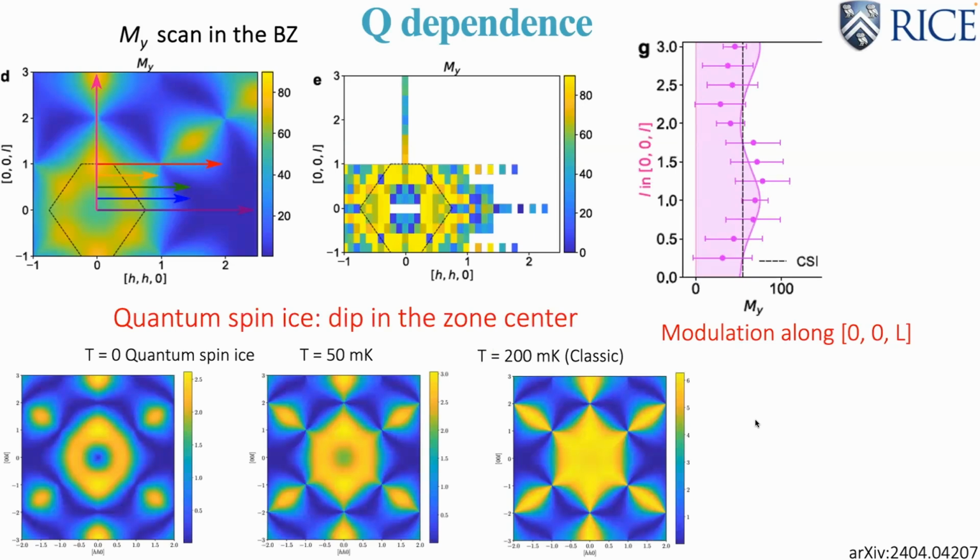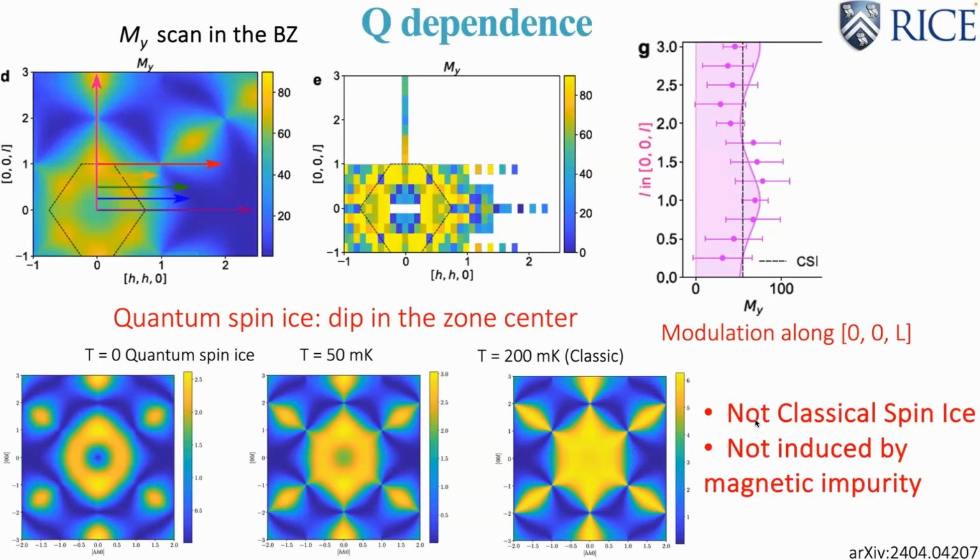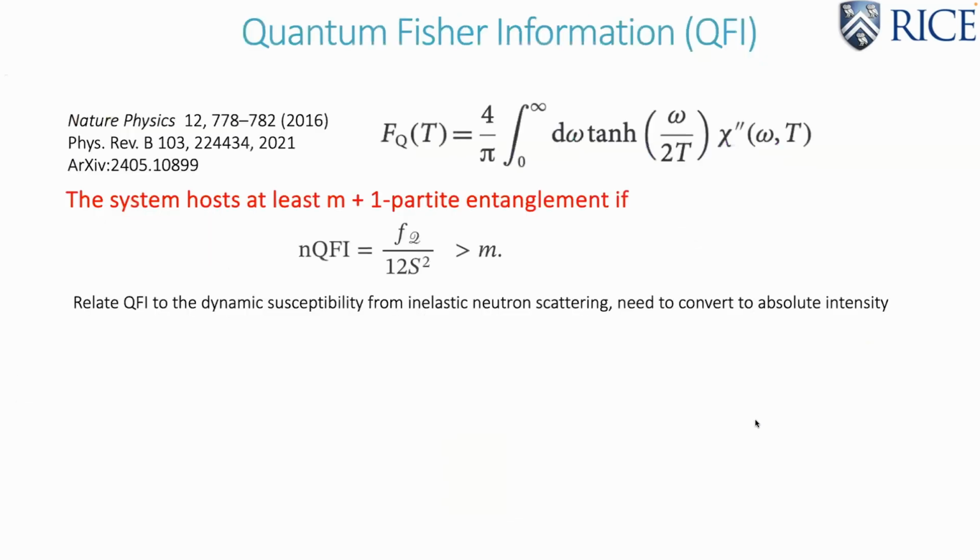So this is the calculation comparing the quantum spin ice and the classical spin ice, and you can see clearly for quantum spin ice there's a dip in the zone center. So this Q dependence shows that this compound is not classical spin ice, and this cannot be induced by magnetic impurity, because magnetic impurity will have no Q dependence.